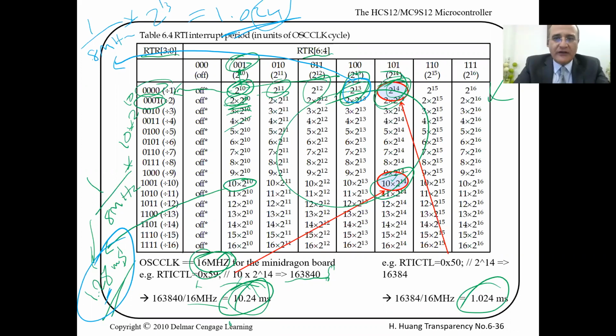So the value we want for the RTI control register, if we pick this one, is going to be what? The lower 4 bits are zeros, 0x, and this one will be 4. So 40.